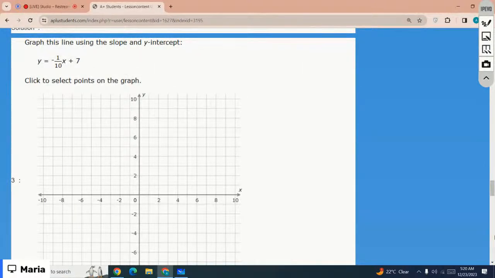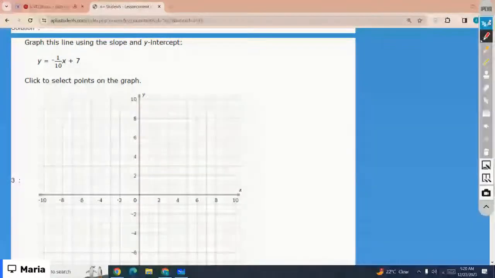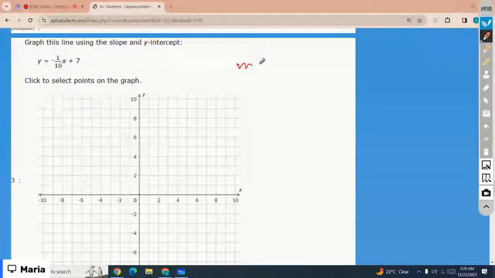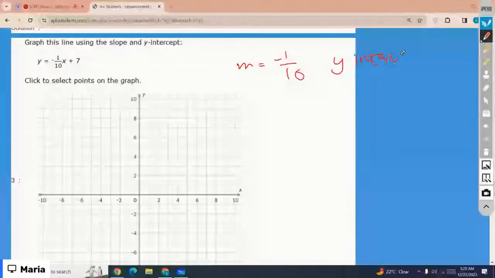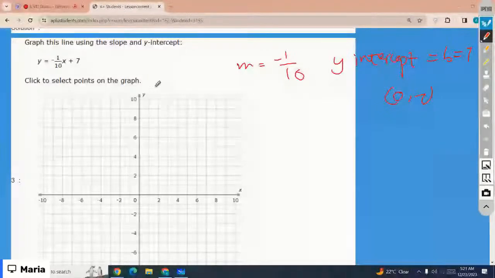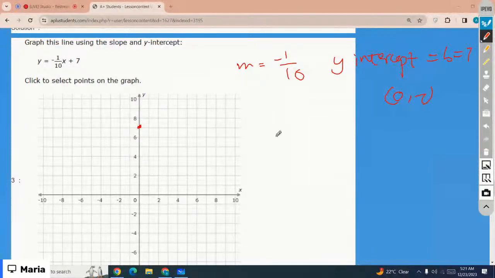So the slope is equal to -1 over 10 and the y-intercept, that is b, is 7, right? That means the point where the graph is touching the y-axis is 0 and 7, right? Here is 0 and 7. The next thing is slope, that is -1 over 10.